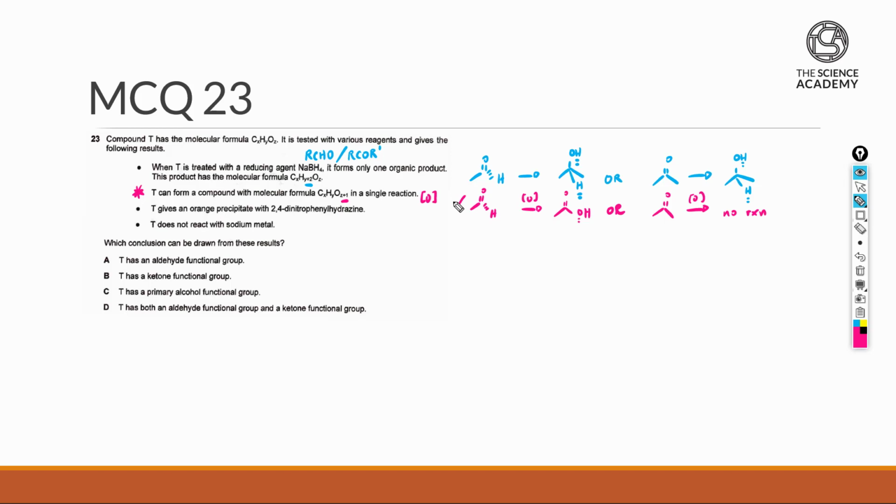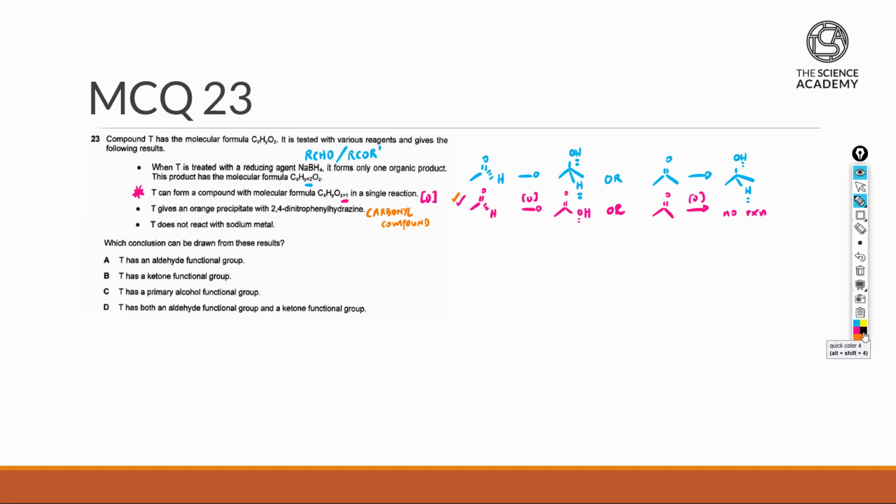So this anchors us towards probably looking at an aldehyde for the functional group found in T. Now in option 3, we go on to talk about its reaction with 2,4-DNPH. So 2,4-DNPH really just tests for the presence of a carbonyl compound. So this very much aligns with our idea that we might very likely be dealing with an aldehyde structure.